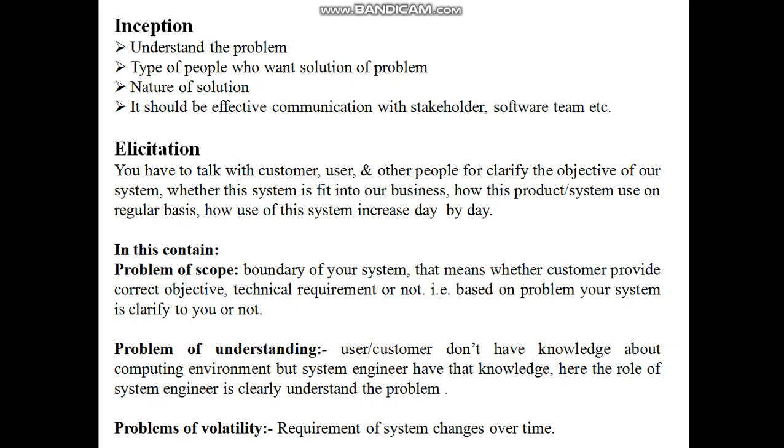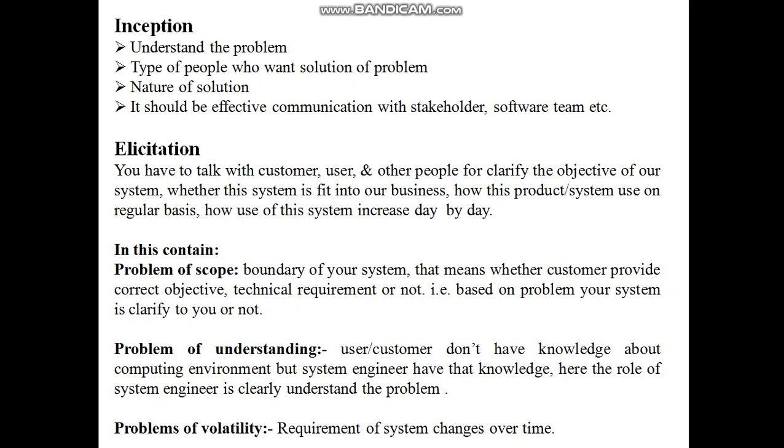Then next is initiation. In this, when you talk with the customer or any other people, you should clarify the objective of our system, whether this system fits into our business, how this system is used on a regular basis, and how the use of this system increases day by day.